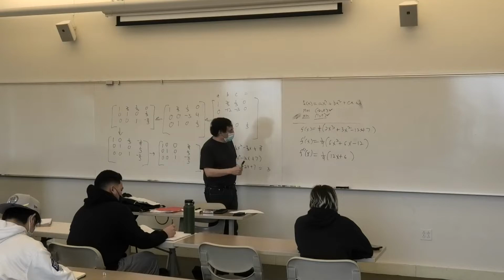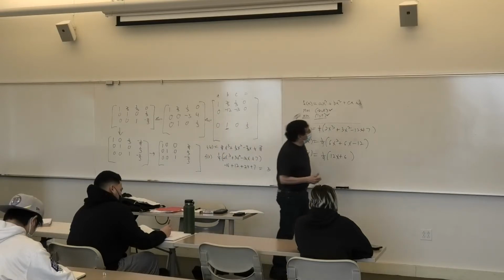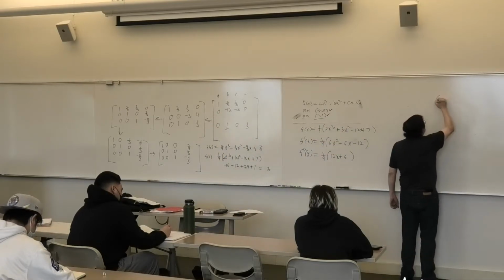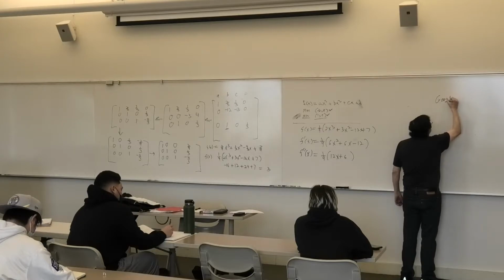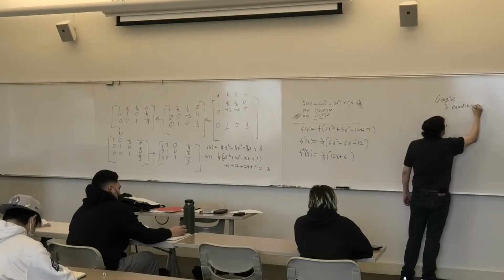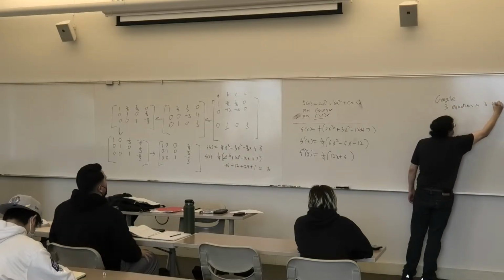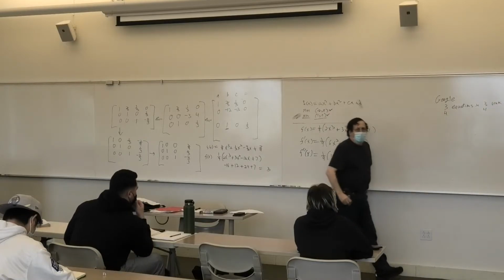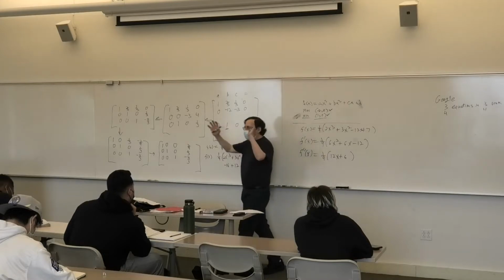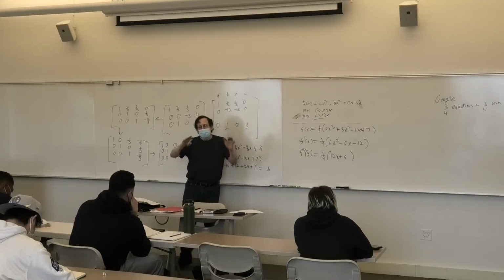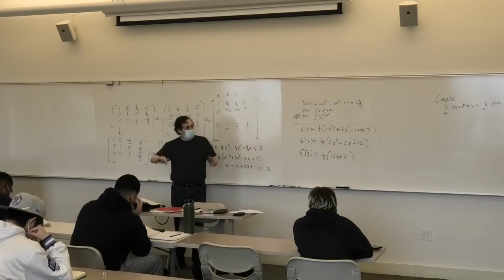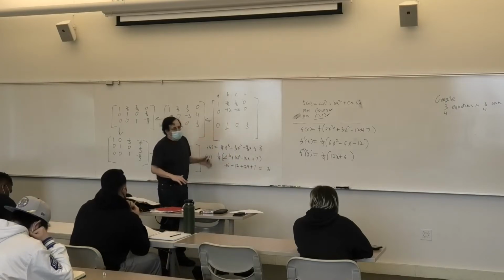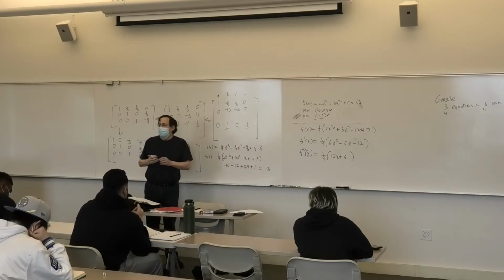I would suggest that you Google 3 equations, 3 unknowns, or 4. And I think you will find a page where you can plug in numbers into your matrix and it will solve it for you.